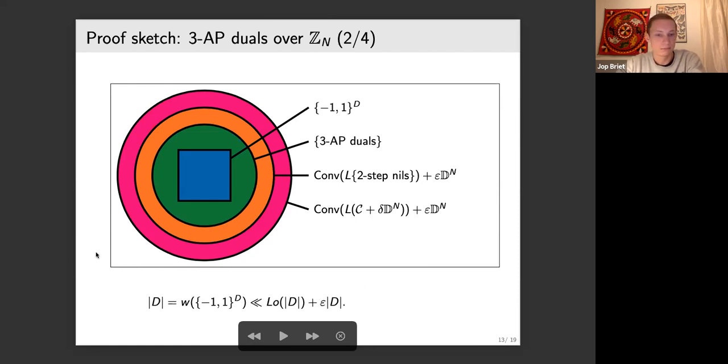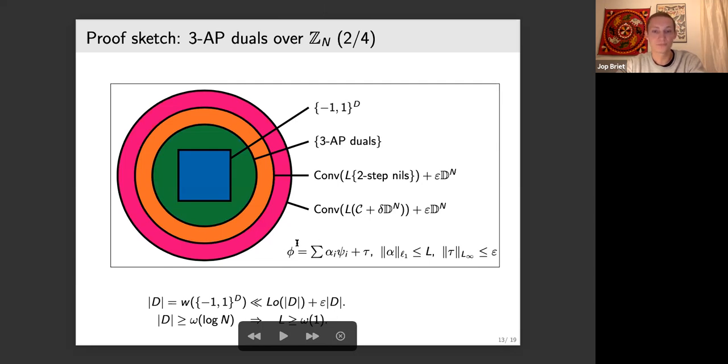Okay, and now you're basically done when it comes to proving a lower bound on this L. If you rearrange this and you use that D goes to infinity, what you find is that L is not bounded. So that means that if you have a 3 AP dual function and you want to write it with this kind of decomposition where the psi's are two-step nilsequences, alpha has L1 norm at most L and tau has L infinity norm at most epsilon, then in general, this L cannot be bounded.